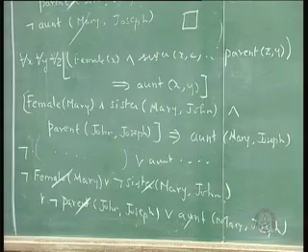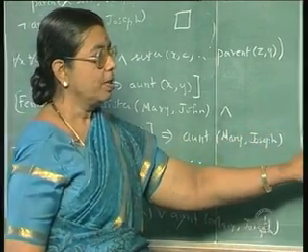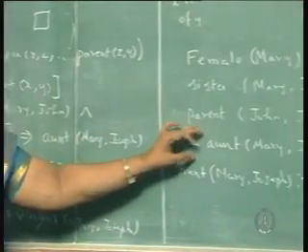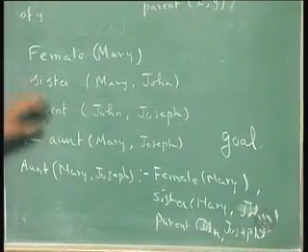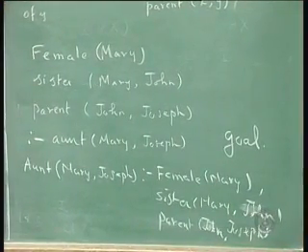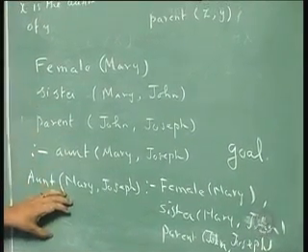One more thing is, actually in PROLOG, this is the goal. You want to find out whether Mary is the aunt of Joseph. So, this is the goal to be satisfied, and you want to find out whether this goal will be satisfied. For that, you will try to find out whether there is a rule where you can instantiate, or whether there are corresponding facts which will satisfy this one, and so on.